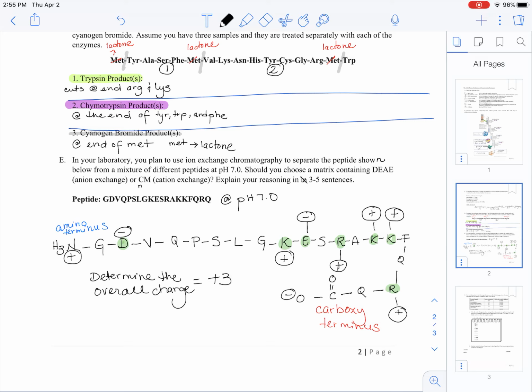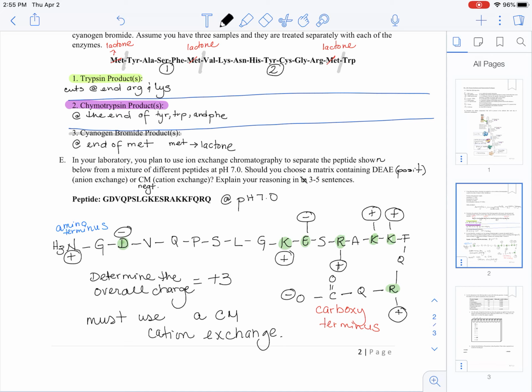So CM is negatively charged. DEAE is just an amine compound bound to a bead, and it is positively charged. Since your peptide overall is positively charged, you must use a CM, meaning a cation exchange matrix.